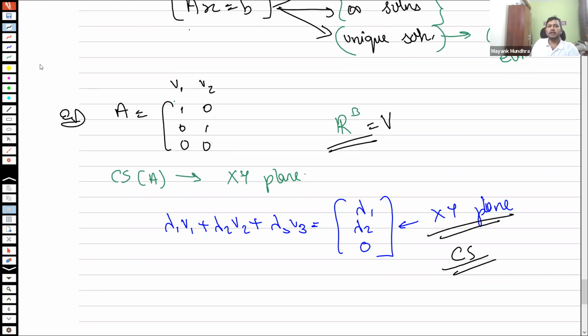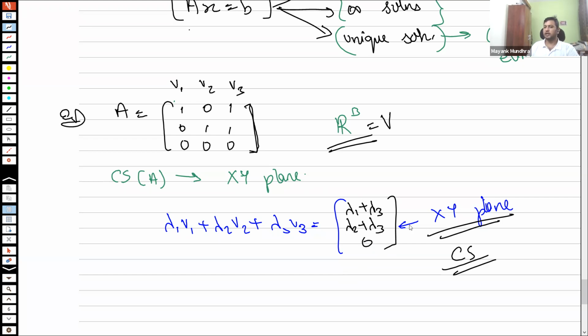On the other hand, if I add a vector 1 1 0, the vector space is still going to be the XY plane. Now this is going to be lambda 1 plus lambda 3, lambda 2 plus lambda 3, 0.